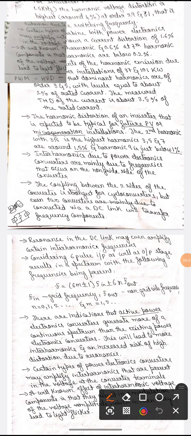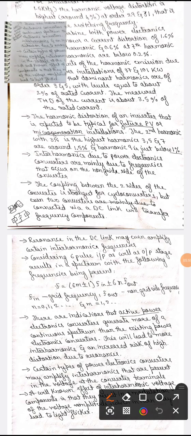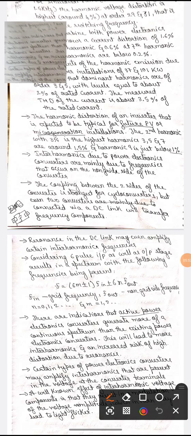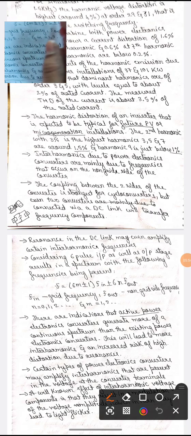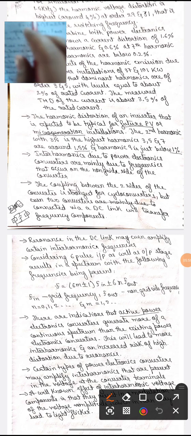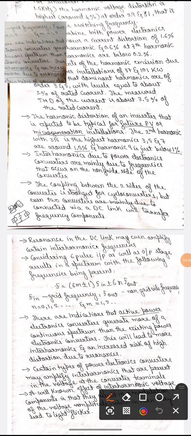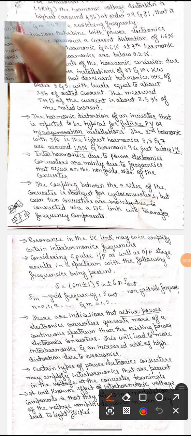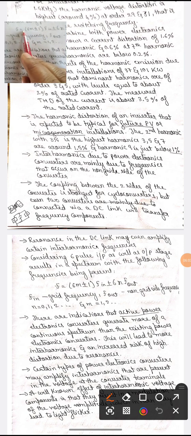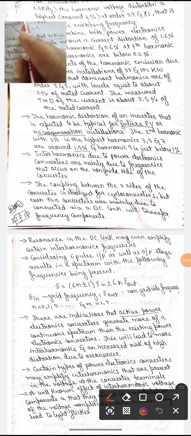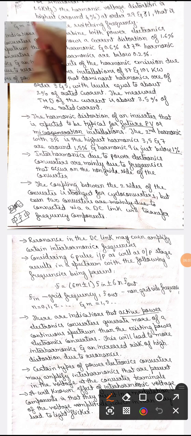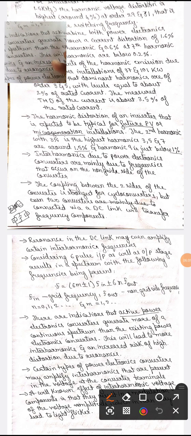Considering a 6-pulse input as well as output stage results in a spectrum with the following frequencies being present: f equals 6m plus or minus 1 times f in, plus or minus 6n times f out.